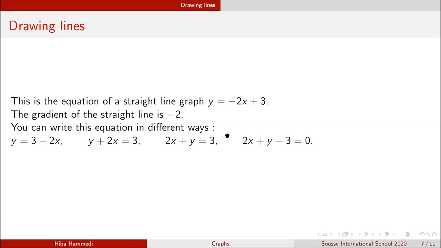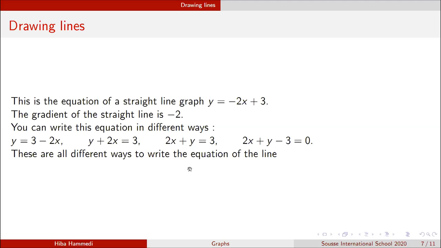And you need to understand that all of these are equivalent, okay? And if they write that this is the equation of a line, they are correct. But the only form that will give you the gradient is this form, okay? y is equal to a number or a coefficient times x plus c. So whenever they ask you to get the gradient of a graph or a line, you need to move from whatever form of these to this one, okay, to get the gradient, right?